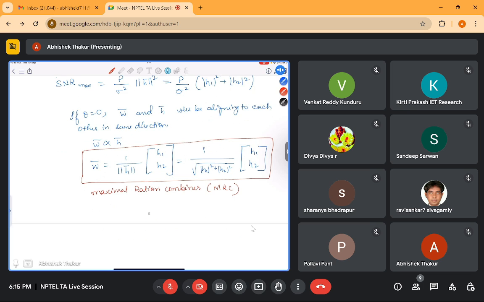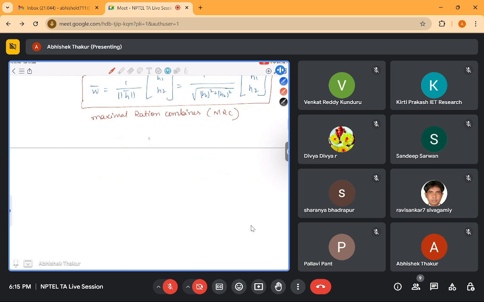We'll solve some questions, then we will get to know. We'll take one example from the classroom. Let's suppose there is a transmitter having one antenna, TX1, and we have a receiver array with RX1 and RX2.